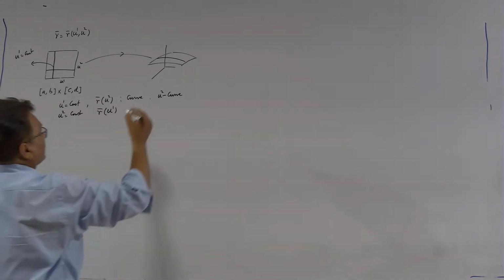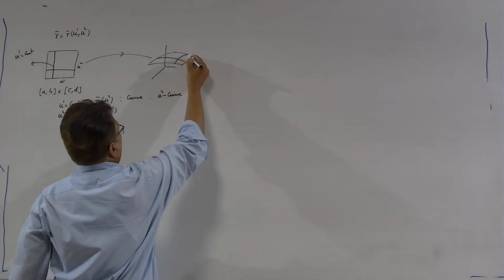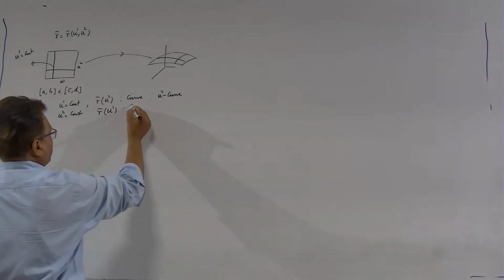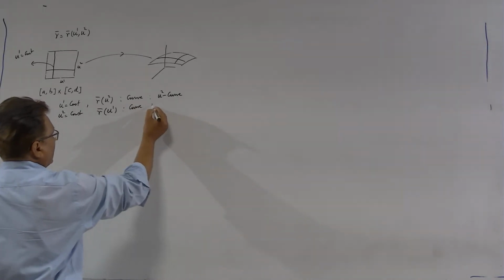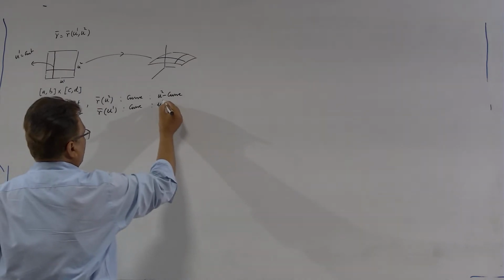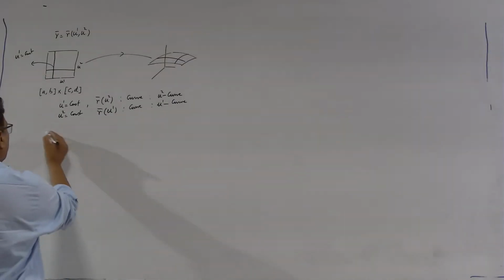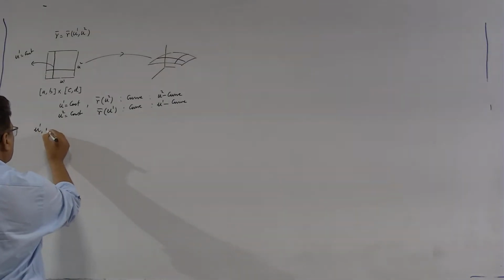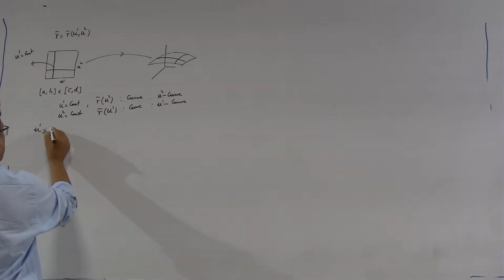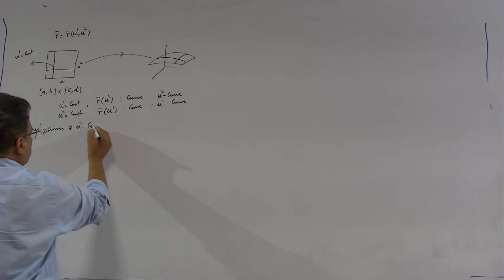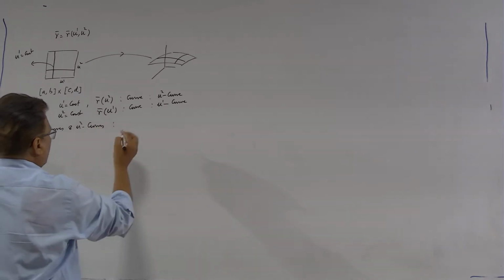So, the image of this line will be this curve over the surface, and this curve is called a u1 curve. These u1 curves and u2 curves are called parametric curves.